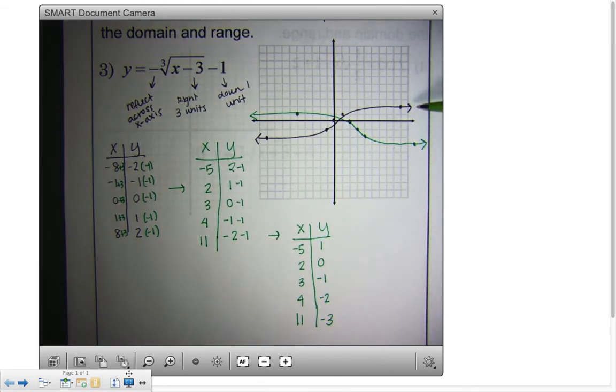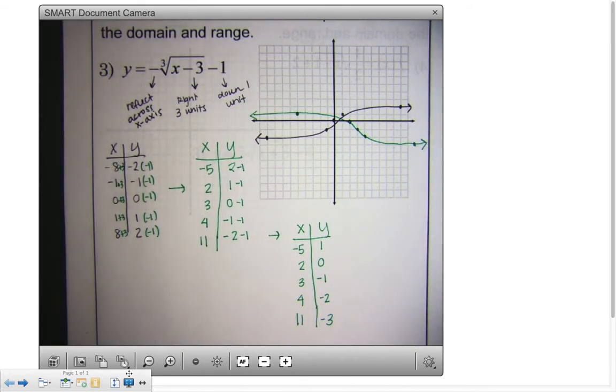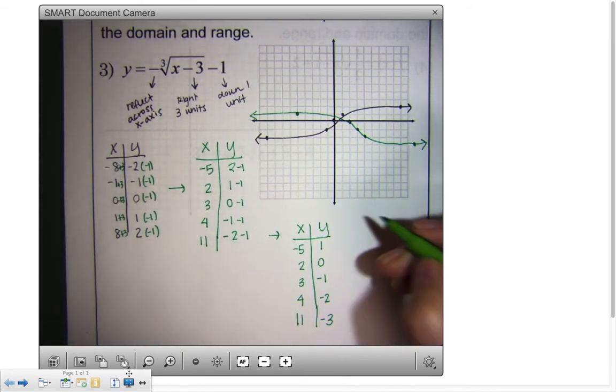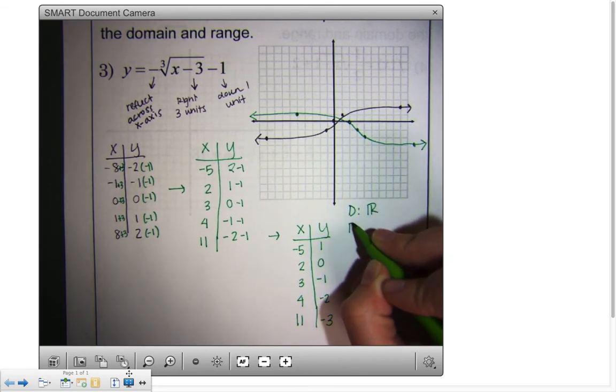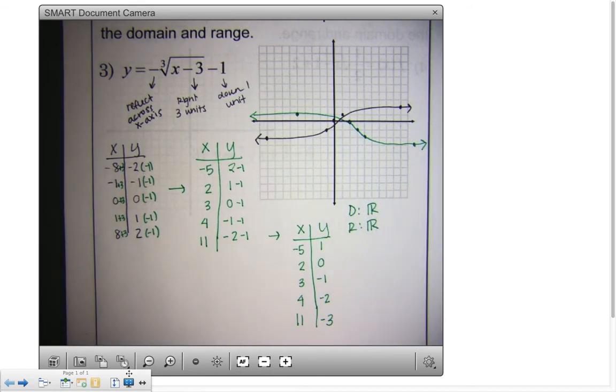So as you can see, the parent function has been reflected across the x-axis. It has shifted to the right 3 units and then shifted down 1. Cube root, domain, and range never changes. So the domain is all real numbers and the range is still all real numbers.